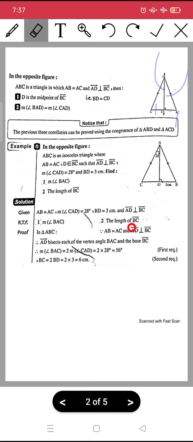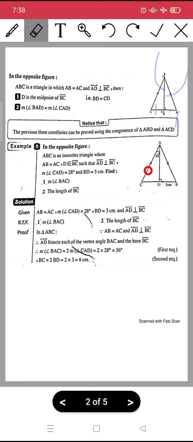First, in triangle ABC, we write the given from the problem itself. Required to find BAC and the length of BC. First, in triangle ABC, AB equals AC. This is an isosceles triangle. At the same time, AD is perpendicular to BC.